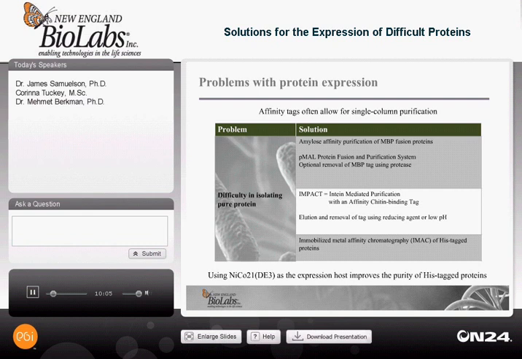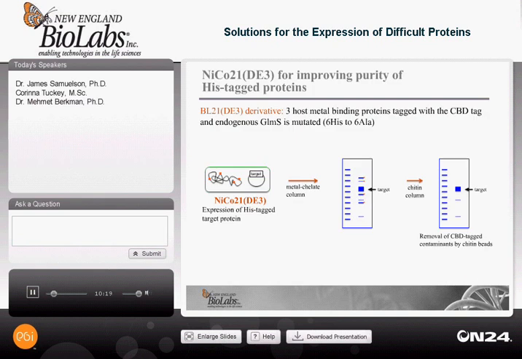And although NEB does not offer nickel or cobalt resin, we are the only company that offers a strain designed for improving the purity of His-tag proteins. And that strain is NiCo21(DE3). NiCo21(DE3) is a BL21 derivative where we've gone in and altered the host chromosome to tag three metal binding proteins with a chitin binding domain tag.